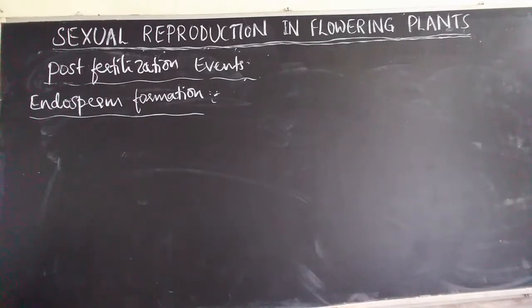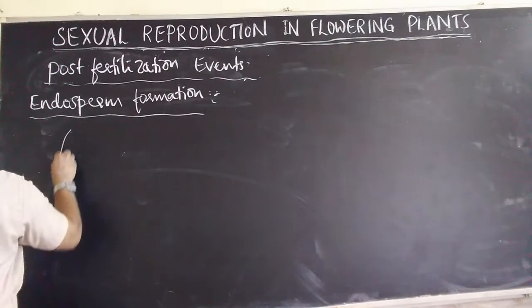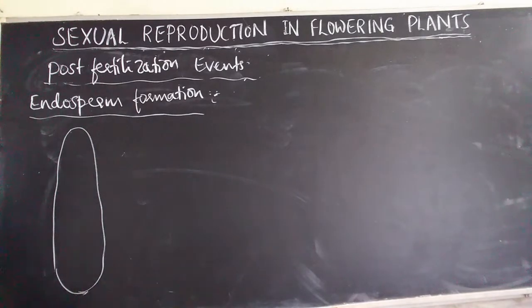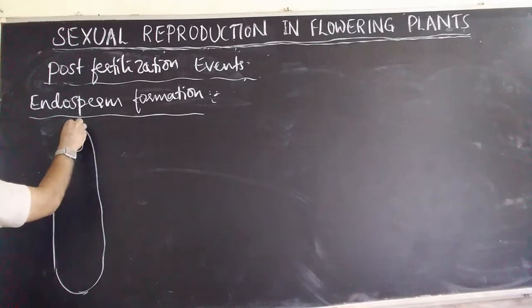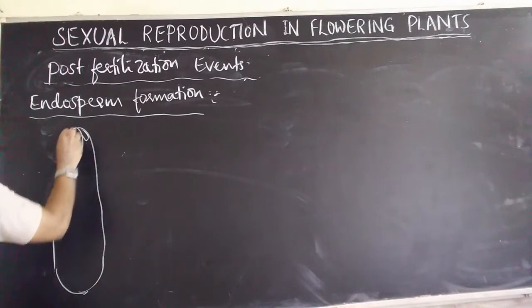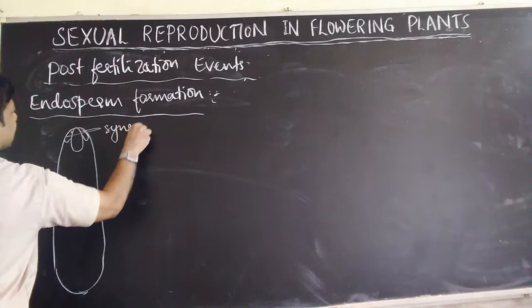Okay, so let us see what happens exactly. So first, this is an embryo sac. If you remember, this is the embryo sac, and here there will be the egg, and these are two synergids. The synergids are disintegrating.